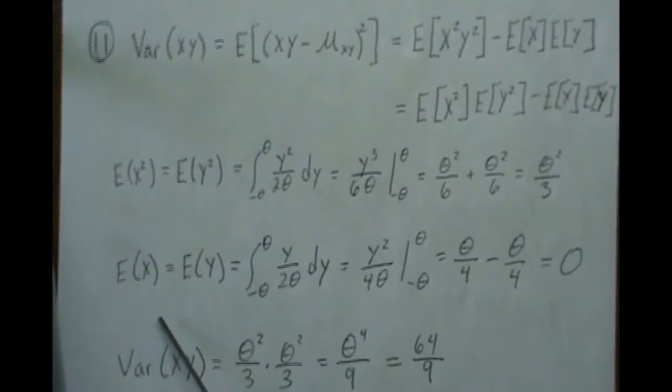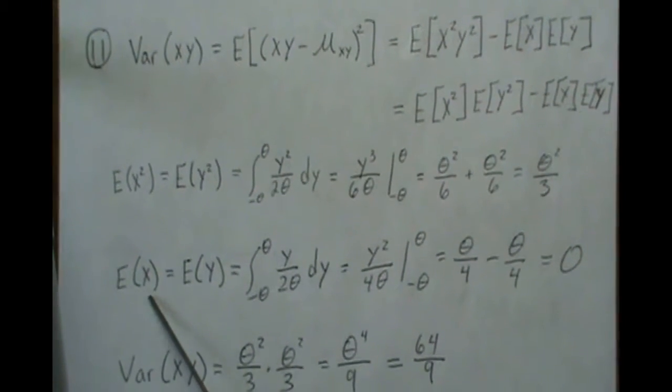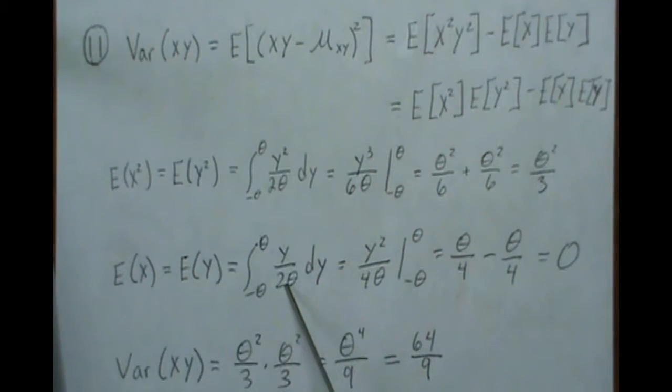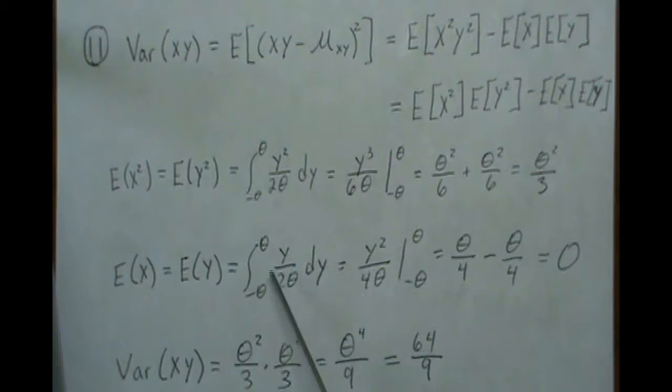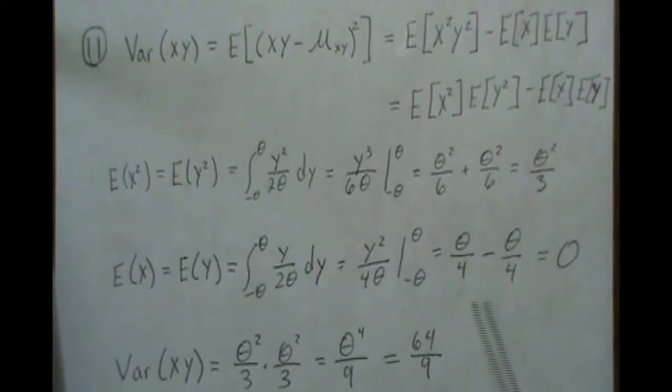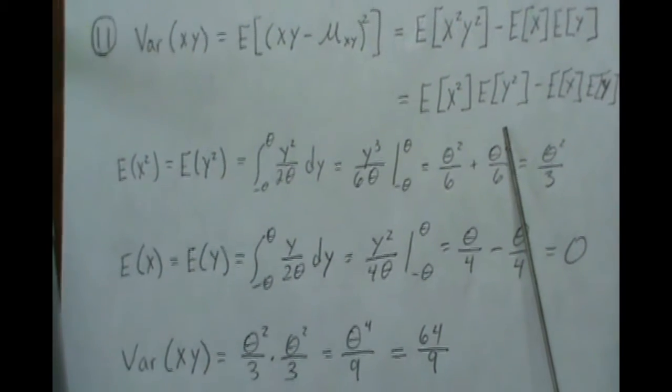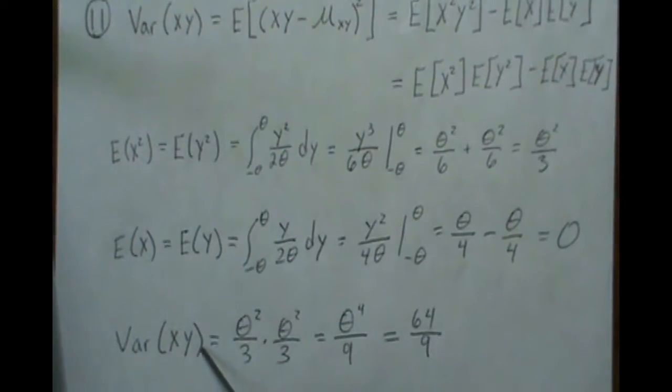Now the expected values of x and y are the same because of the same distribution, so you plug in y times its density, integrate over possible values, and you get 0. So this piece of the formula drops out, and the variance we're looking for is just the product of these. So that's what we do here.